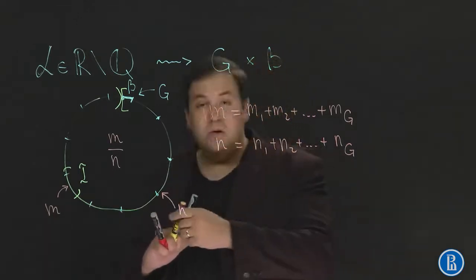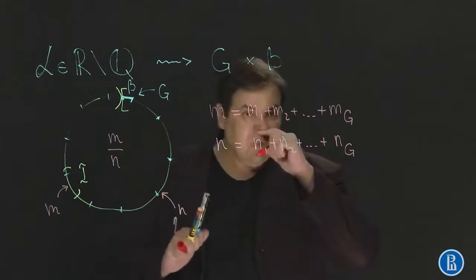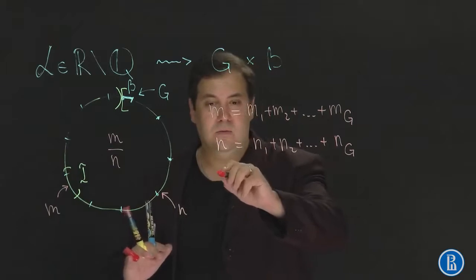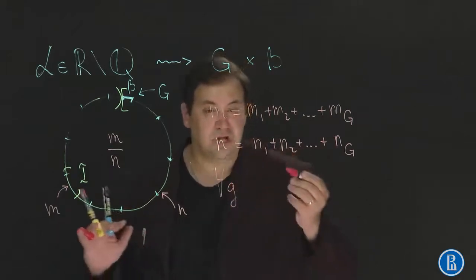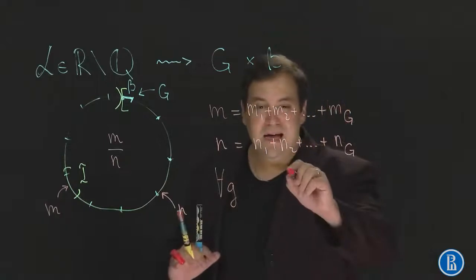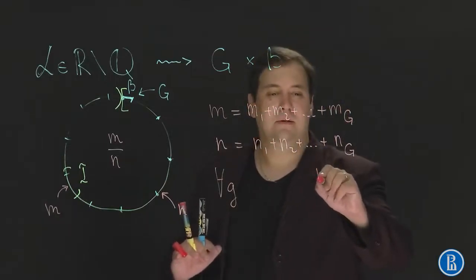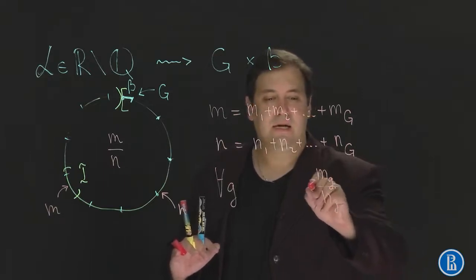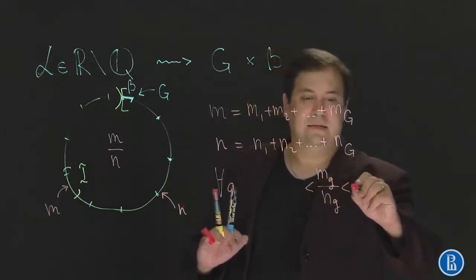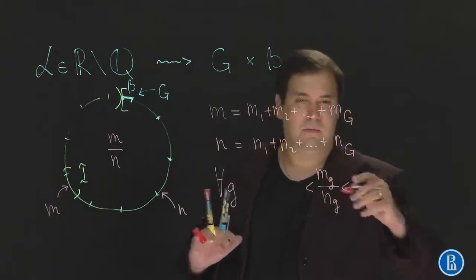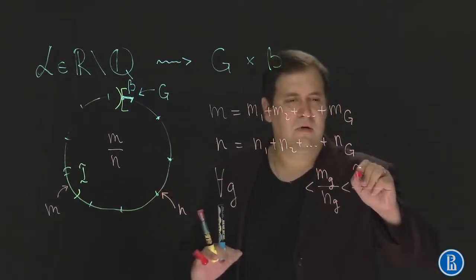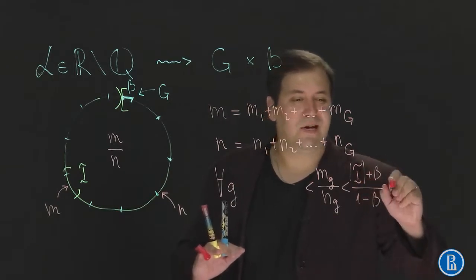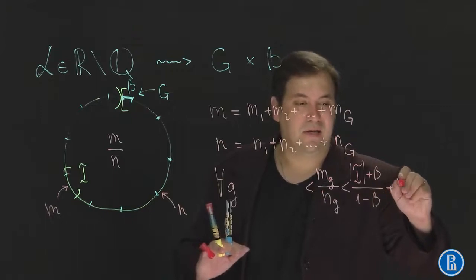And we know that for each of these small grasshoppers, where g is a number of grasshopper, it holds that mg over ng is less than the fraction (length of I plus beta) over (1 minus beta) plus gamma.